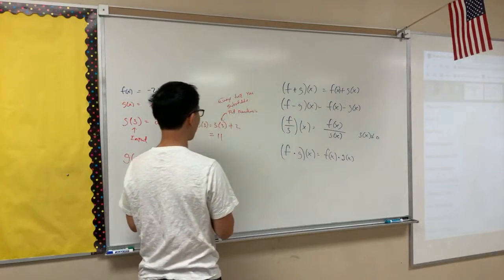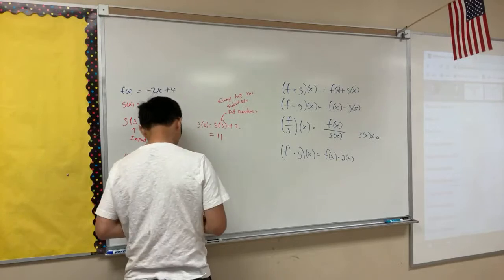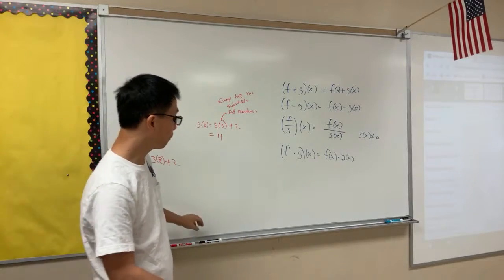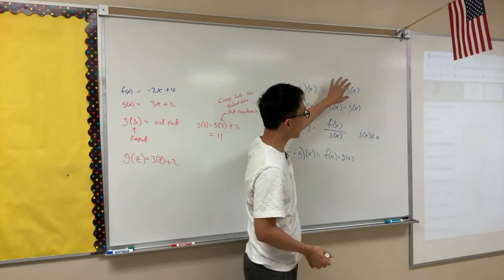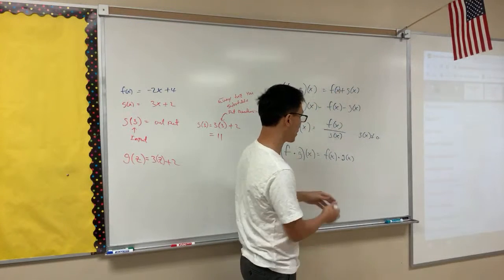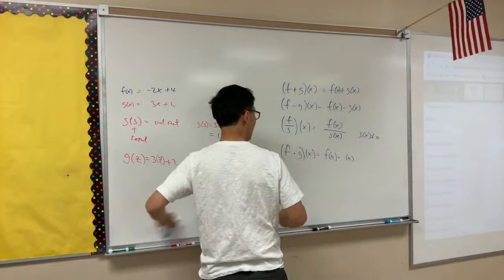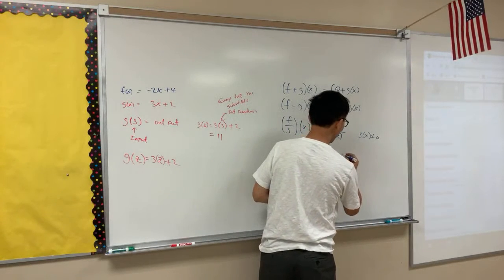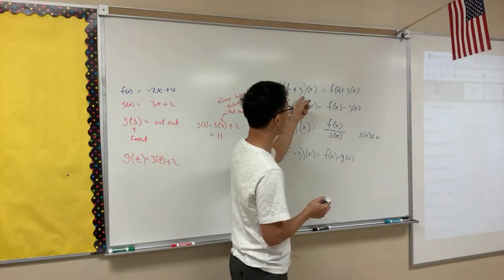This is notation-wise. There's a lot of things here, so we're going to talk about those. The function notation can be represented this way or this way. I prefer the way on the right, that's just me, because it's easier to read. But sometimes they give you this side and ask what the other side is. So you should know this: (f plus g) of x.